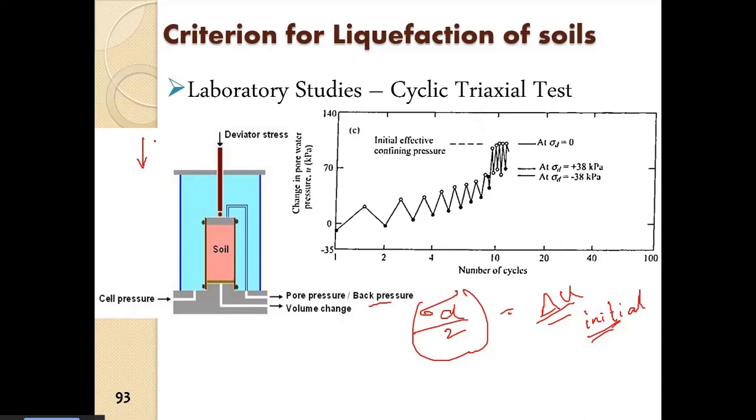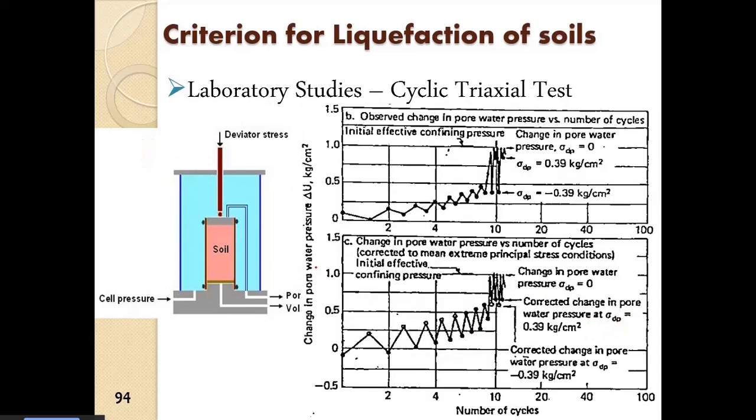Whatever pore pressure developed was measured during that condition, and that was corrected here. So this is the measured pore pressure, and this is the corrected pore pressure. So they did the correction.